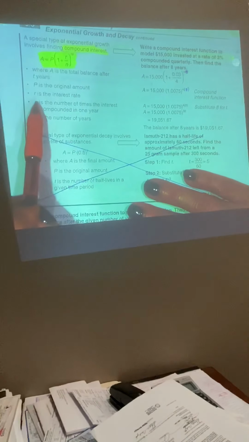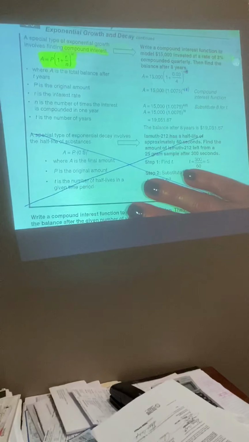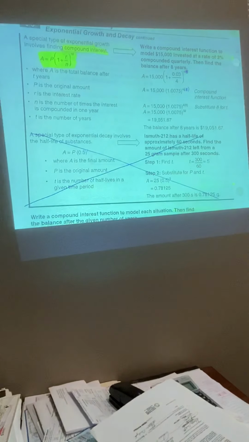A is the total balance. P is the amount. R is your rate. N is the number of times the interest is compounded in 1 year. And T is the number of years. So when I say compounded, it could be compounded annually, which means 1, quarterly, which means 4, monthly, which means 12. Those are the basic ones.